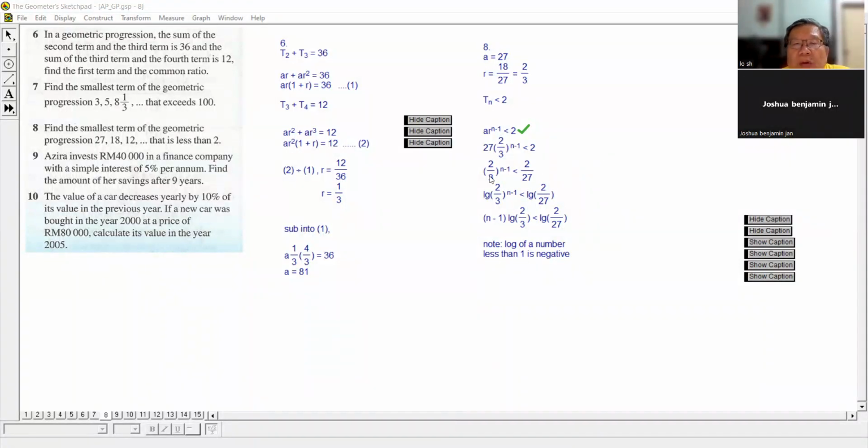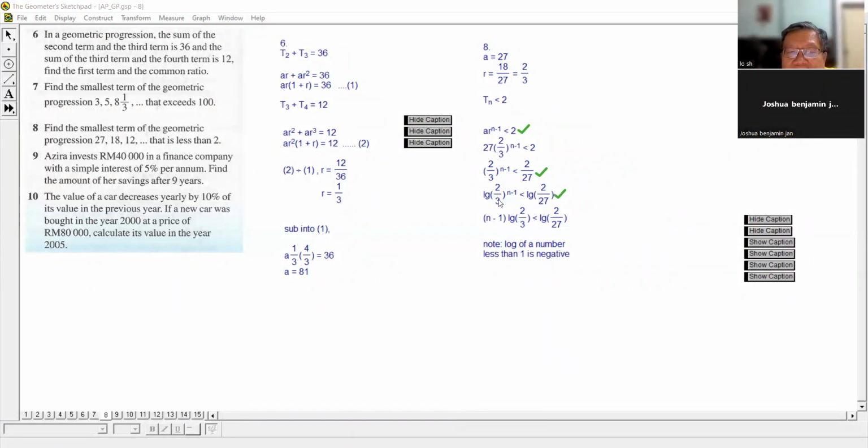Now, do you notice that the index is an unknown? The index is n, we don't know. So earlier on, I told you if the index is unknown, the power is something involving n, you have to take log. Why? Because once you take log on both sides of the equation, left-hand side you take log, right-hand side you take log, then you get this.